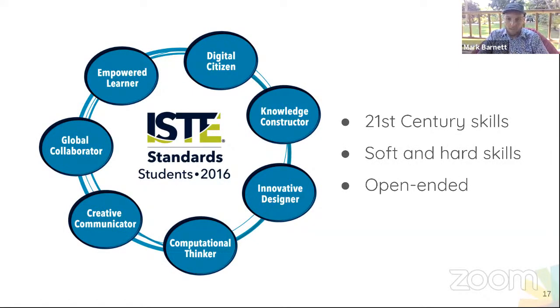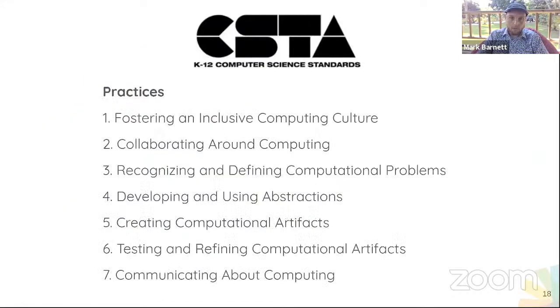The other set of standards that we lean upon are the CSTA Computer Science Standards. Because at BSD we do teach HTML, CSS, and JavaScript, it's important for us to be able to align to actual computer science standards. The CSTA standards are built on these 7 areas. What I like about CSTA is that it isn't just about syntax.